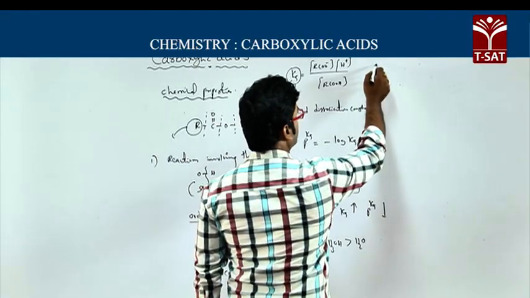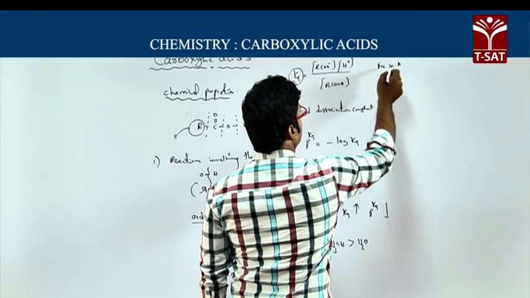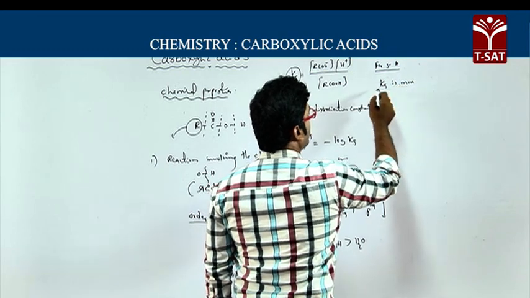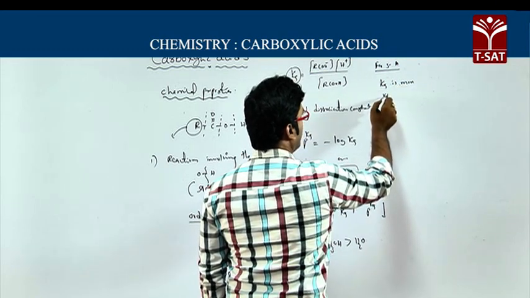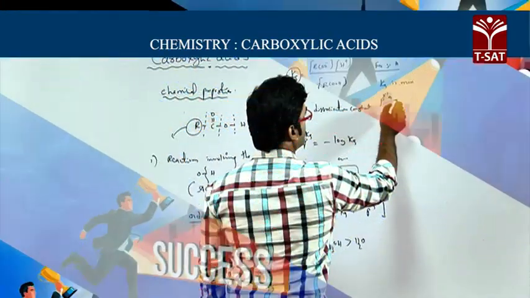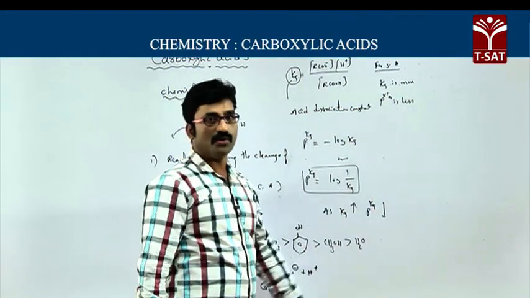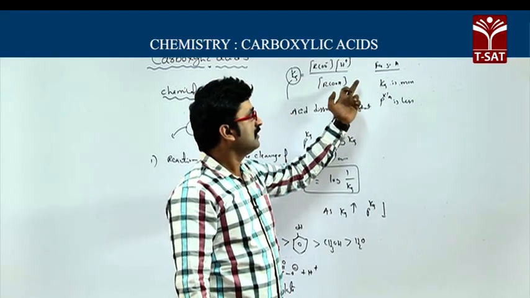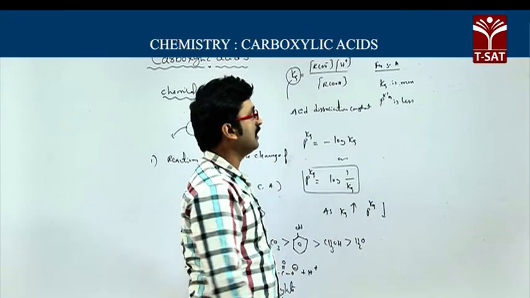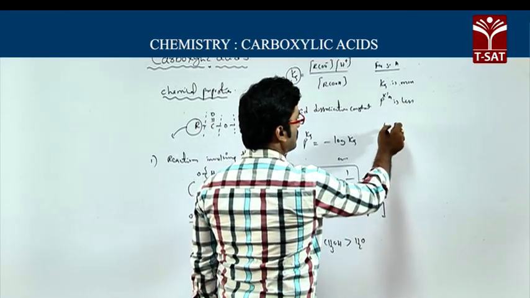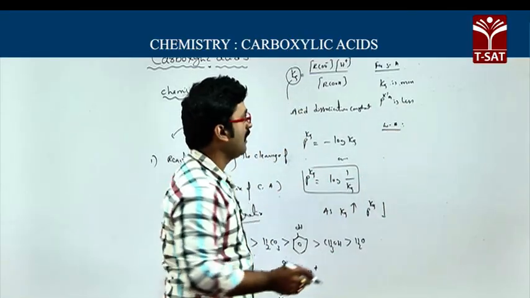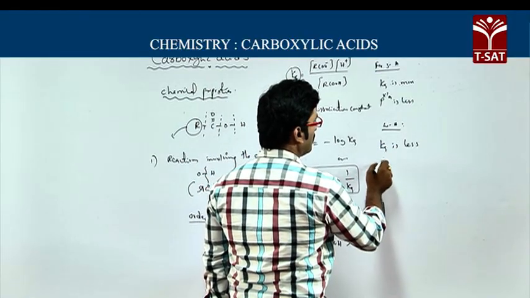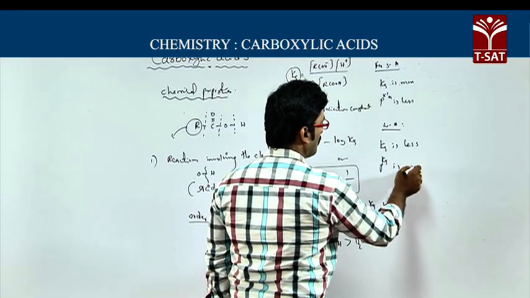For strong acids, very important, Ka is more, and if Ka is more, then pKa will be less. So for strong acids, the acid dissociation constant is more and pKa is less, whereas for weak acids, the Ka value is less and pKa is more.